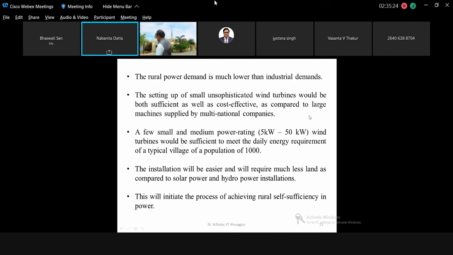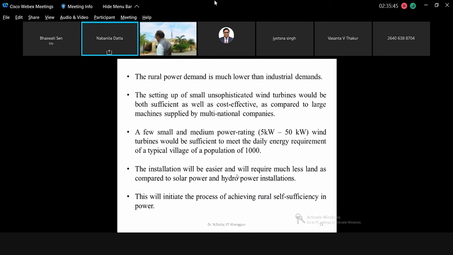The multinational companies will be building the large wind turbines. But if you look at the rural areas, we don't have big wind turbines, we won't get investment there. What I'm talking about is local consumption. I'm not talking about these wind turbines providing power to far-flung places.